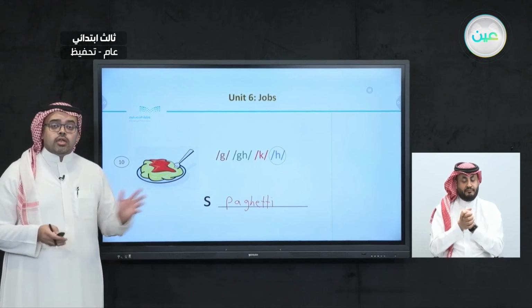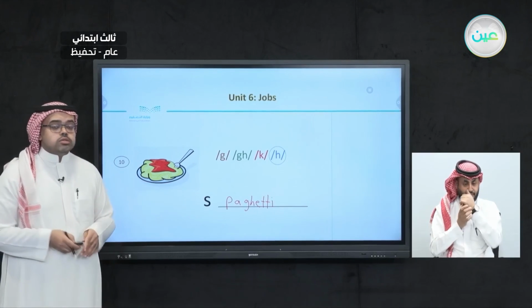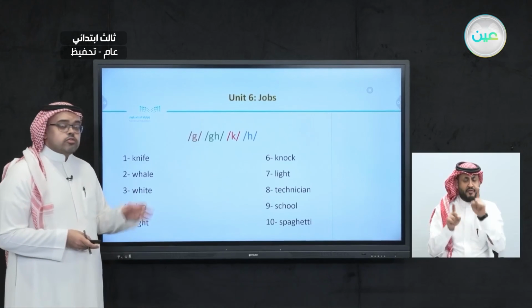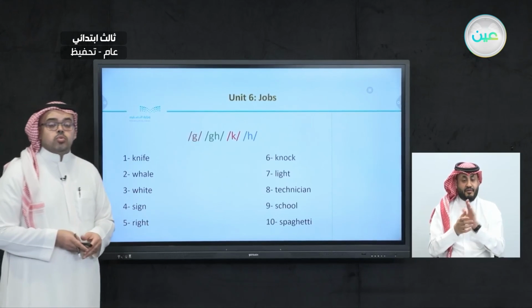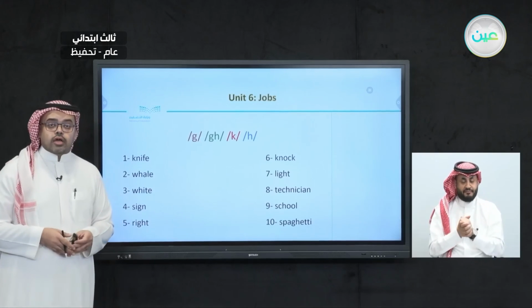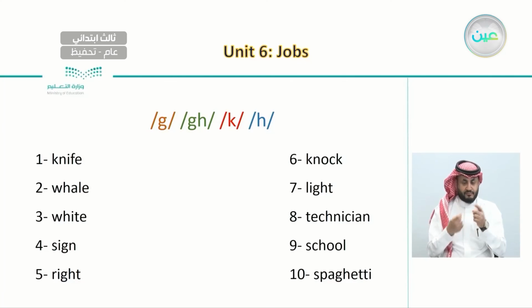So now, let's get to know the whole 10 words together. So these are the words that we mentioned together with the silent letter. The first one was knife. We say that the K is silent. The letter K is silent. And the second one, whale, where H is silent.